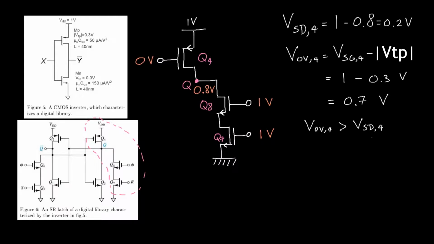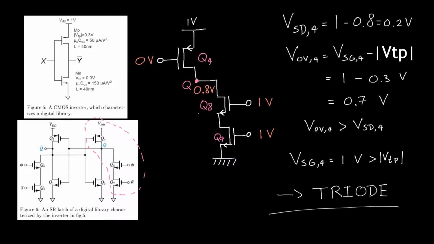So that means that this transistor cannot be in saturation. To find whether transistor Q4 is turned on at all, we also need to evaluate the source gate voltage separately, which we already did. That is 1 minus 0 volts. And since that is larger than the given absolute threshold voltage, that means that the transistor has to be turned on. Since the transistor is turned on and it cannot operate in saturation, Q4 is operating in the triode region.